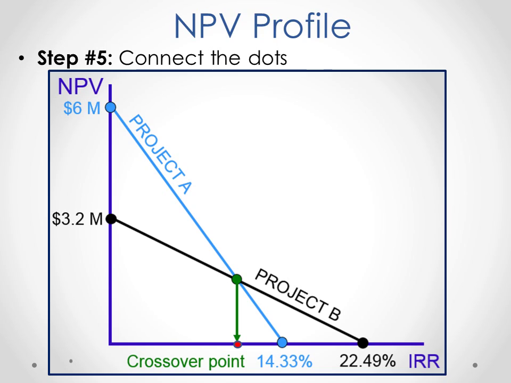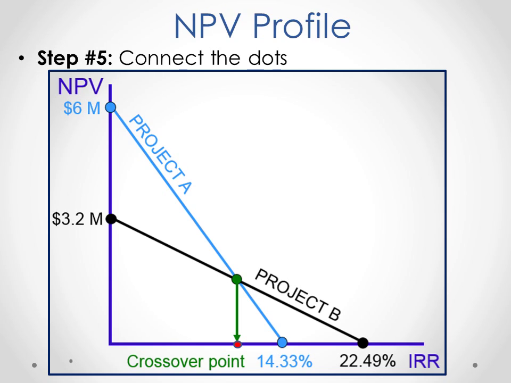Because you'll notice for project A, with a very, very low cost of capital, let's say that we're at 1%, so we're very close to the origin, project A's net present value, the blue line, will be above the black line, the net present value for project B. But as you increase the cost of capital, as you go further and further to the right, the net present values get closer and closer together until at that intersection point, the net present values are exactly the same.